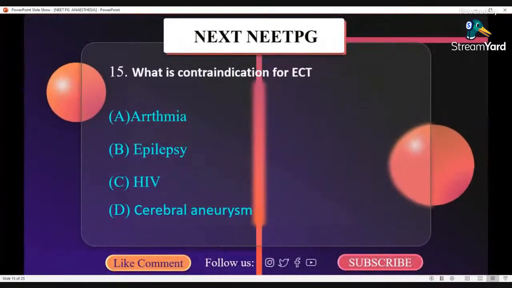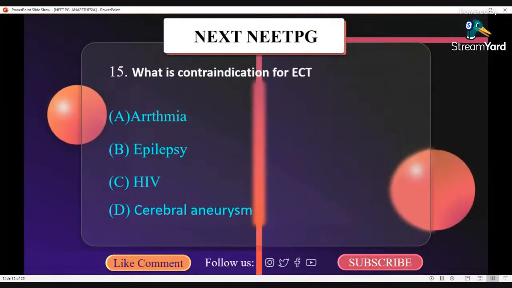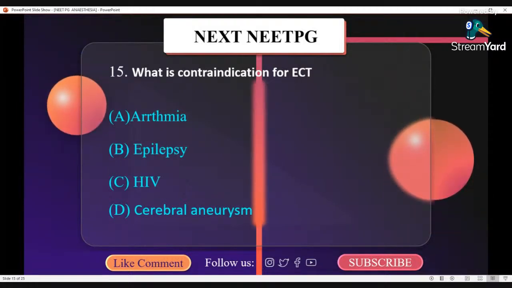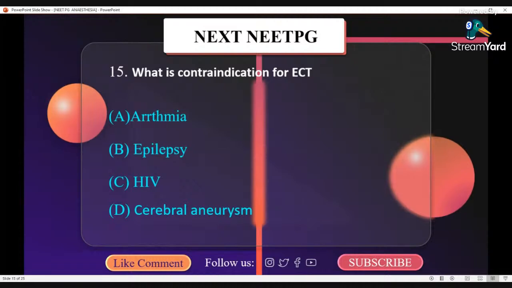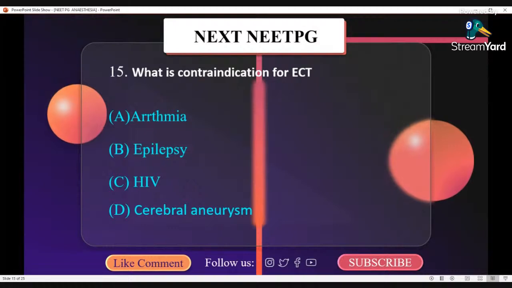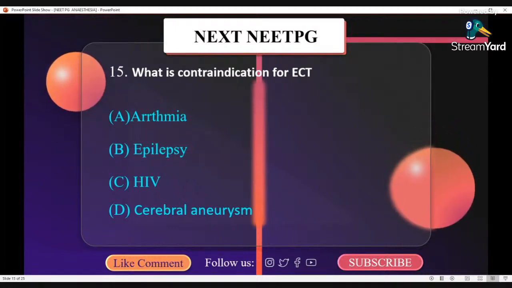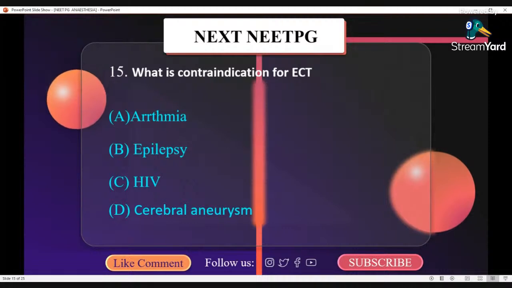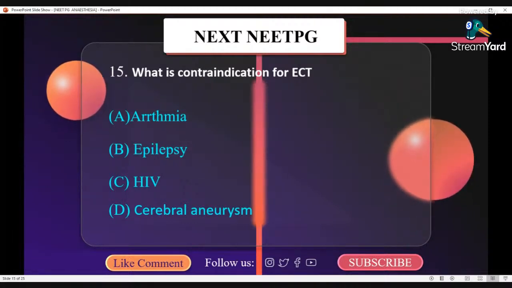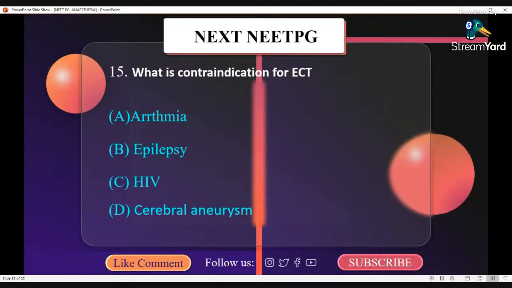What is the contraindication for ECT? Absolute contraindication is increased intracranial tension.